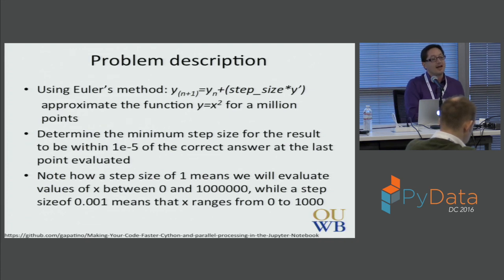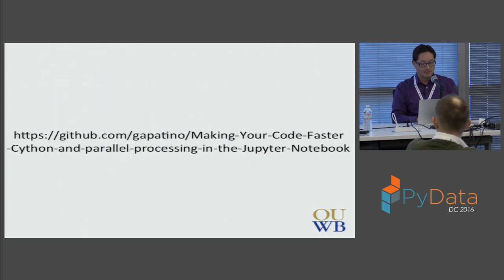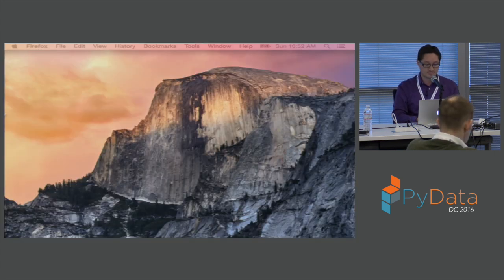The question is, if you evaluate 1,000,000 points, how long does it take you to find the minimum step size for the difference between the Euler approximation of the derivative and the actual function at the last point? Everybody clear on what we're going to try to do? Any questions? Okay, then let me just switch to the Jupyter Notebook.